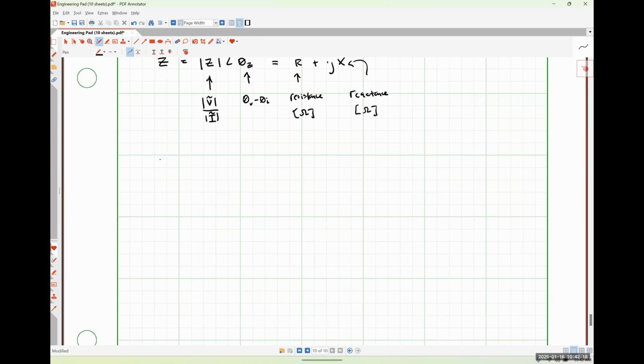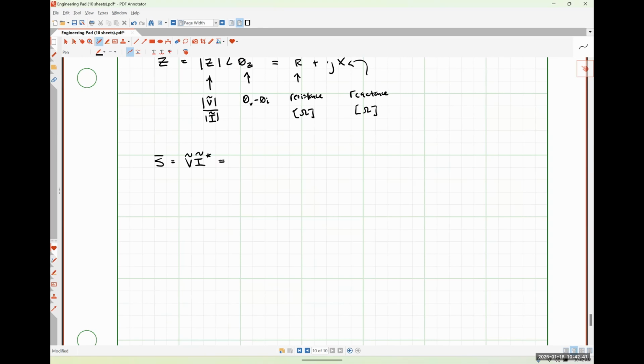For complex power, our generic equation is just our RMS phasor voltage times the complex conjugate of the current. I'm going to hit you guys with some alternative relationships here in a moment. But before we do that, this is a complex number.